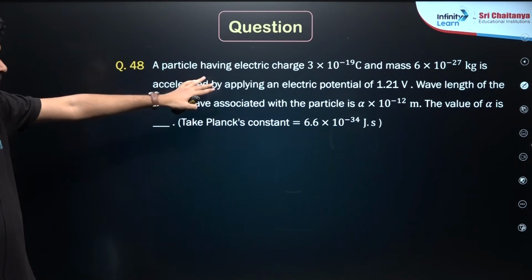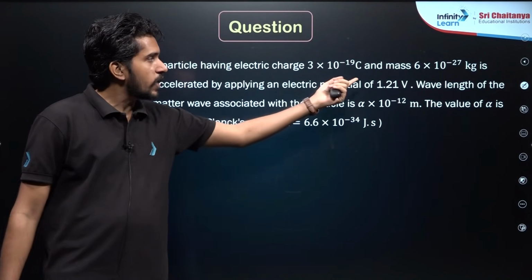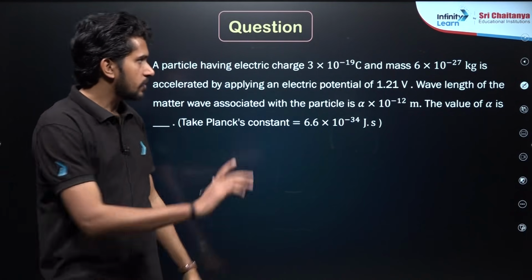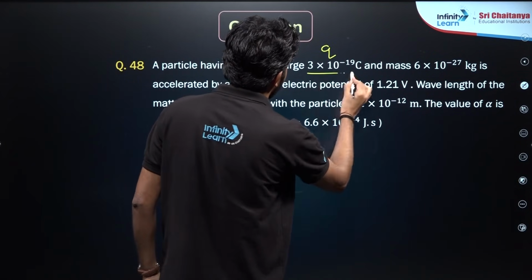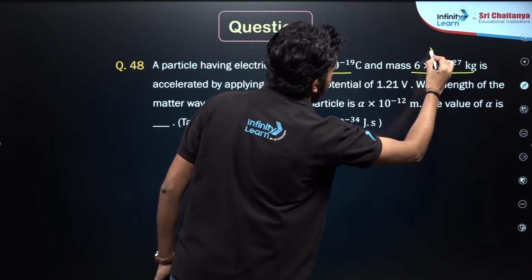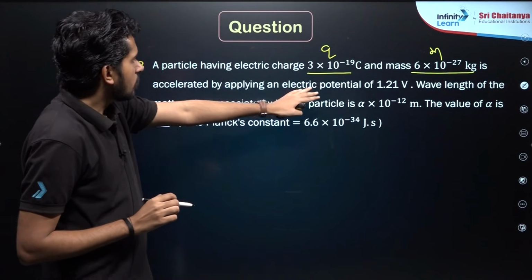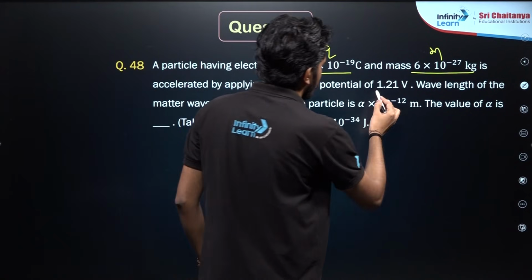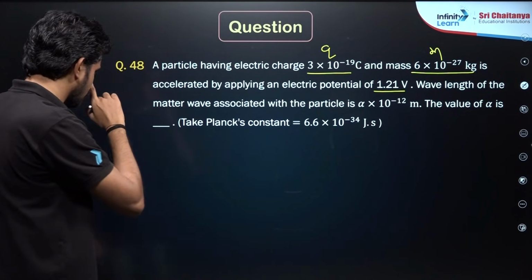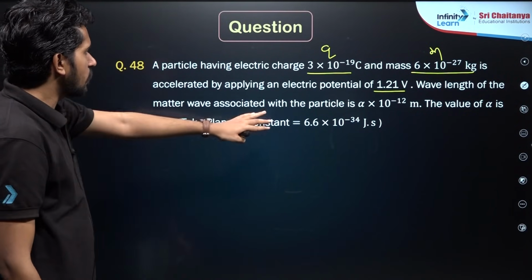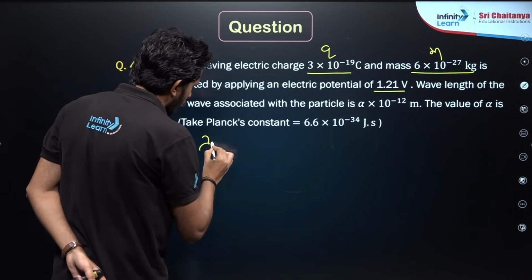A particle having electric charge 3 into 10 raised to minus 19 coulombs and mass this much, accelerated by applying an electric potential of 1.21 volt. The wavelength of the matter wave associated with the particle is, first of all, wavelength.